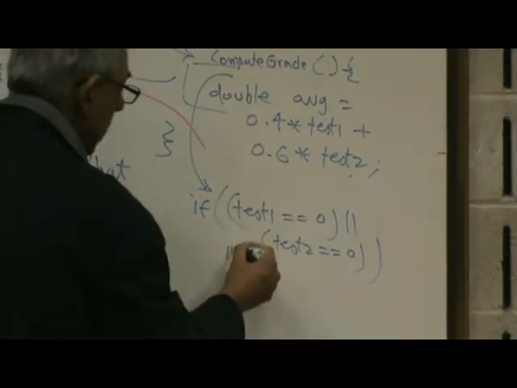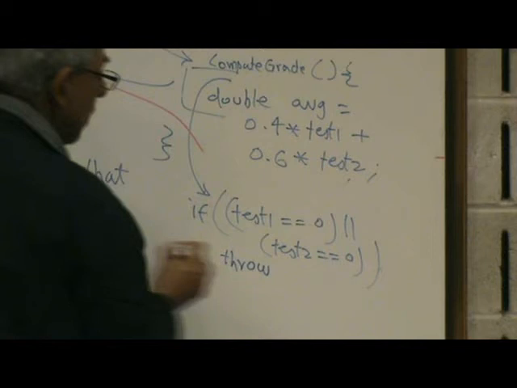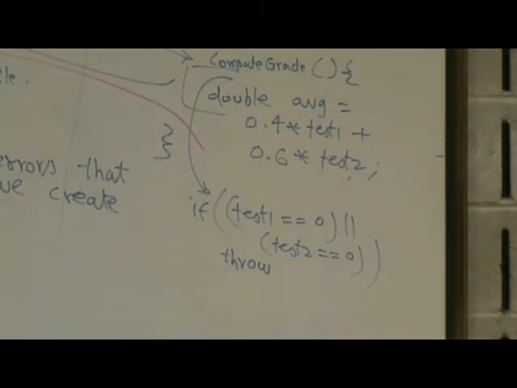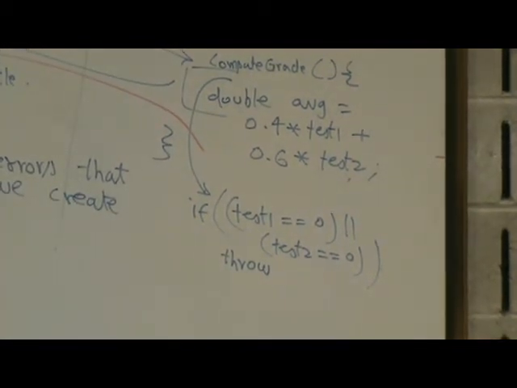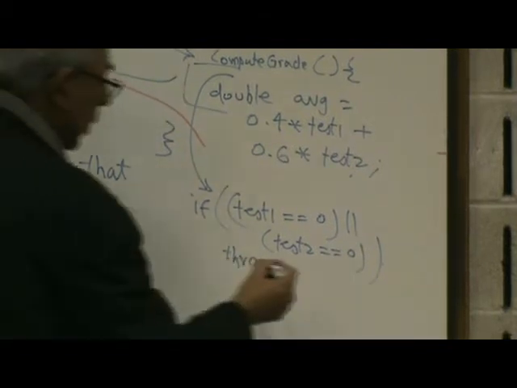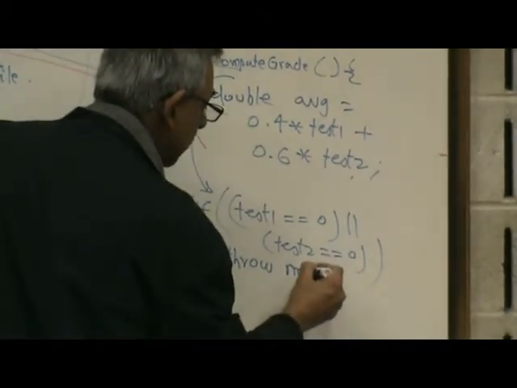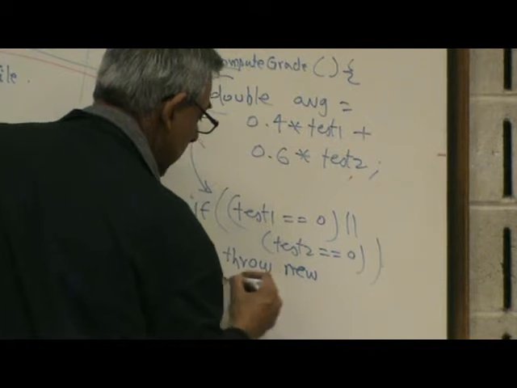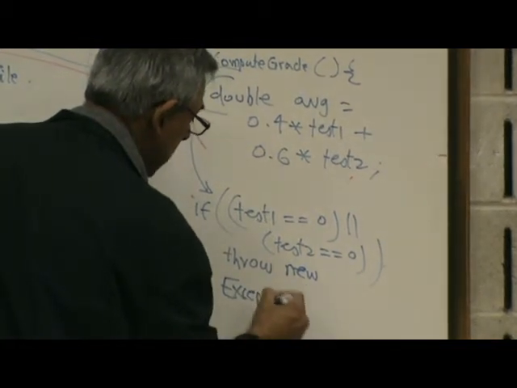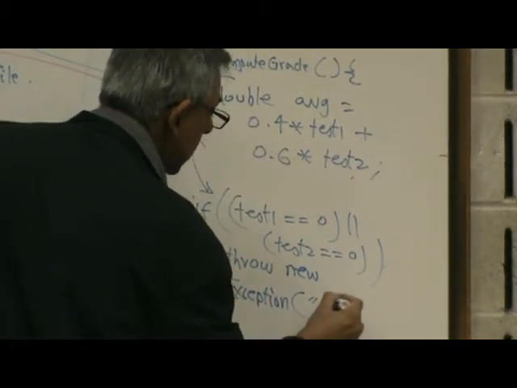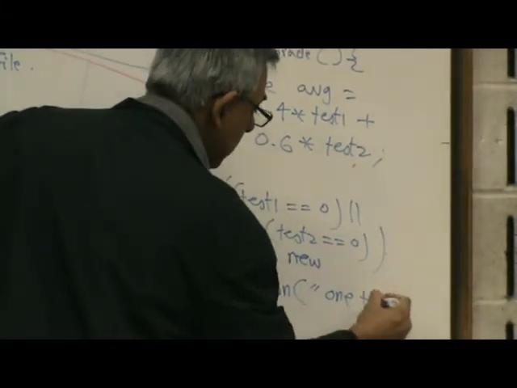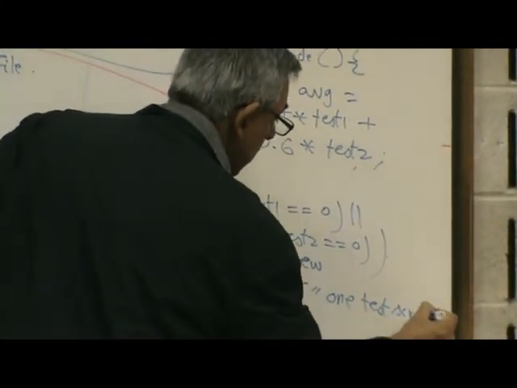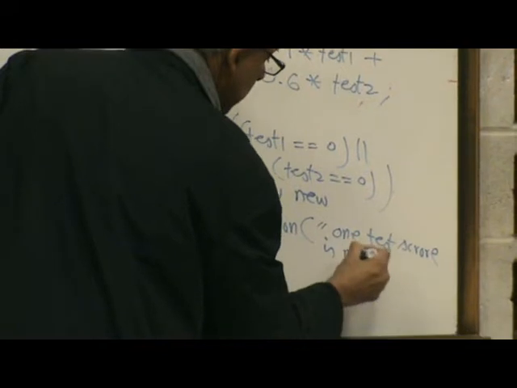So how do we create an error of ourselves? There are a couple of options. We create an exception class of ourselves, or we create an object of the base class exception. So we will say throw new exception, one test score is missing.